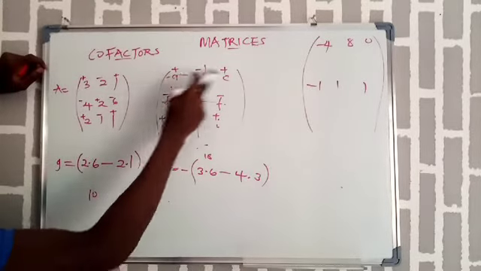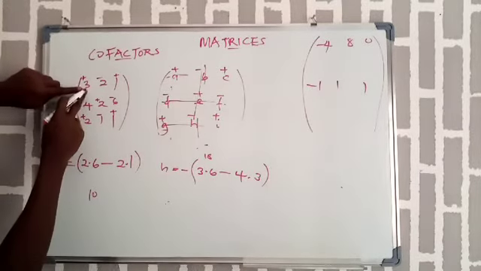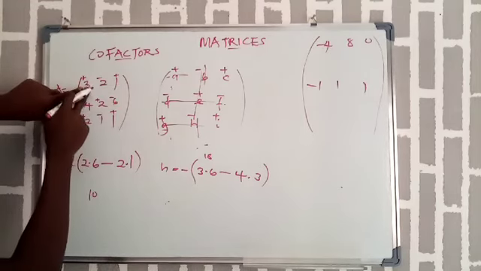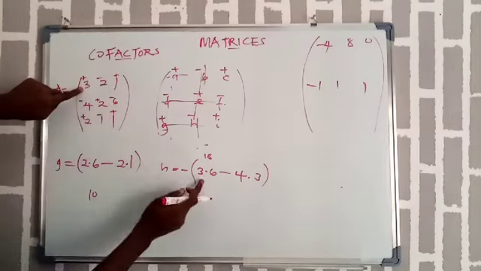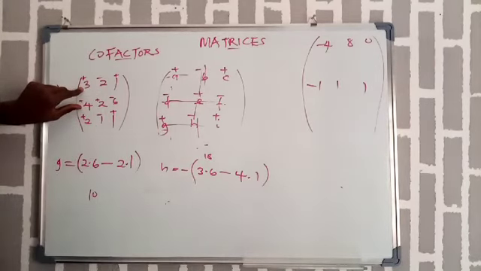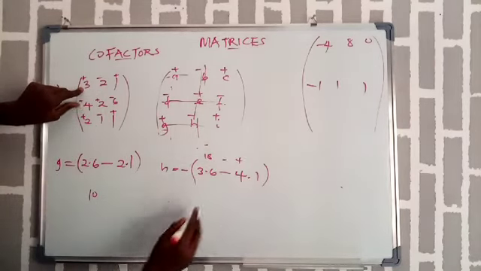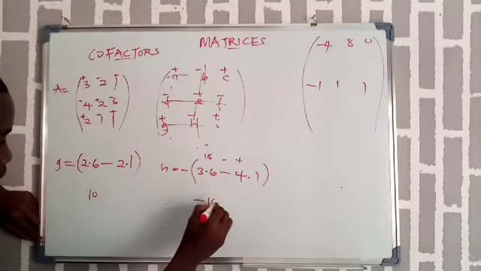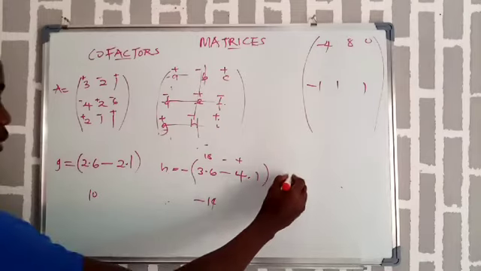We are left with A, C, D, F. That is 3, 1, 4, 6. So now we are having 3.6 and 4.1. This is 18 minus 4. That's giving us 14. Minus 14, remember.